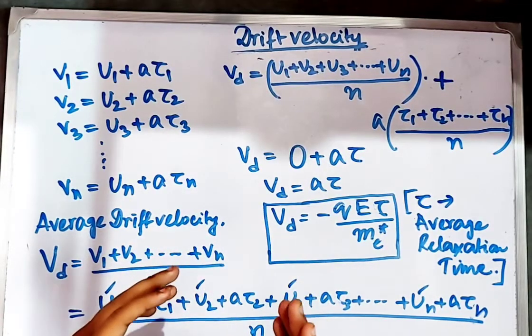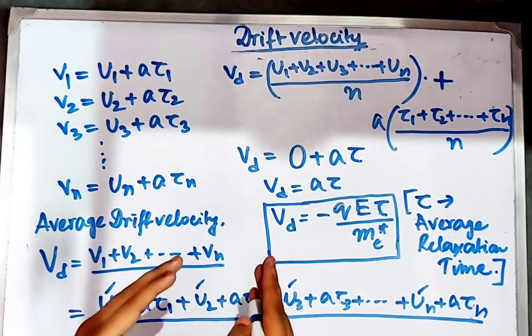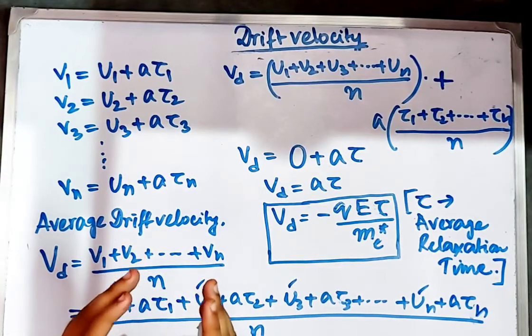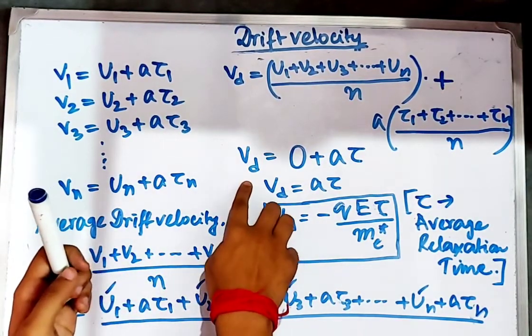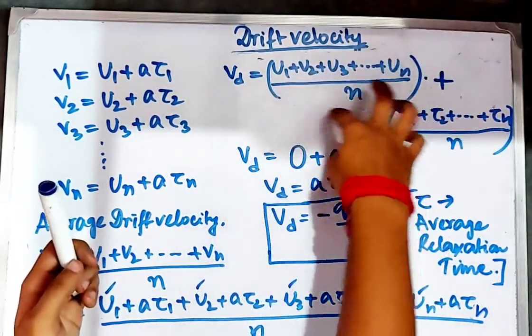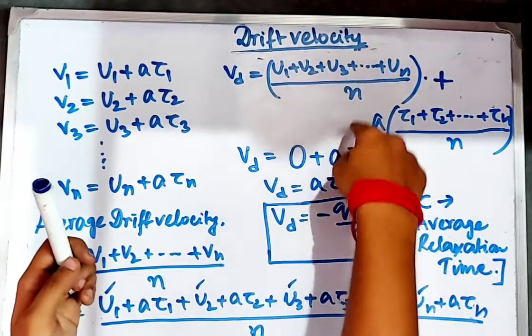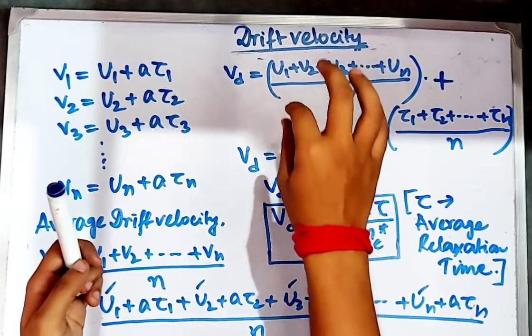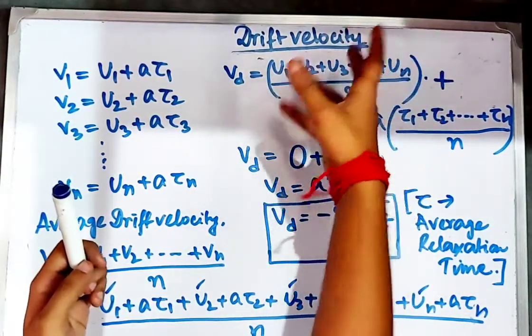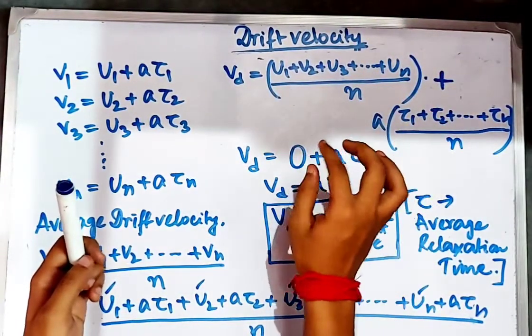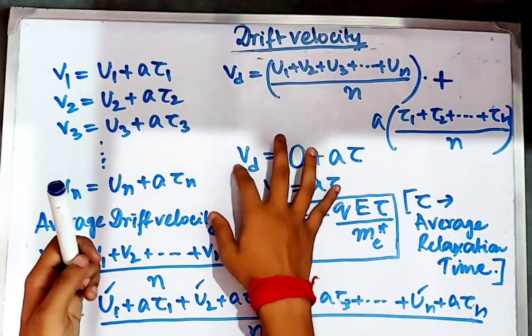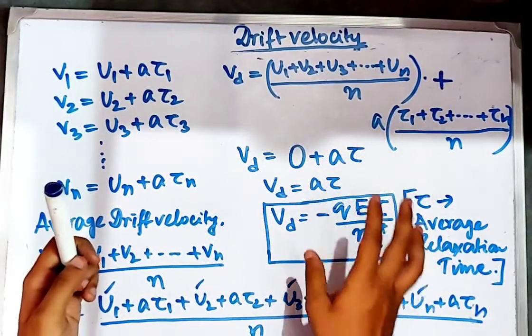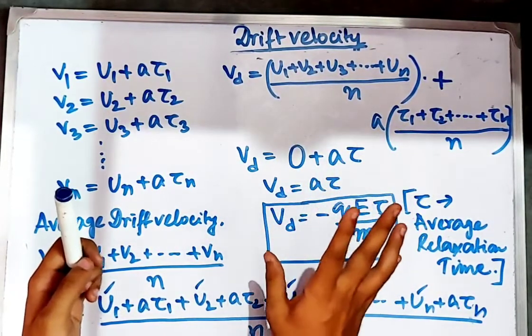But drift velocity is not related to the temperature, because the thermal velocity term gets cancelled, and the value of the average thermal velocity equals 0. So that is why there is no temperature term related to the drift velocity.